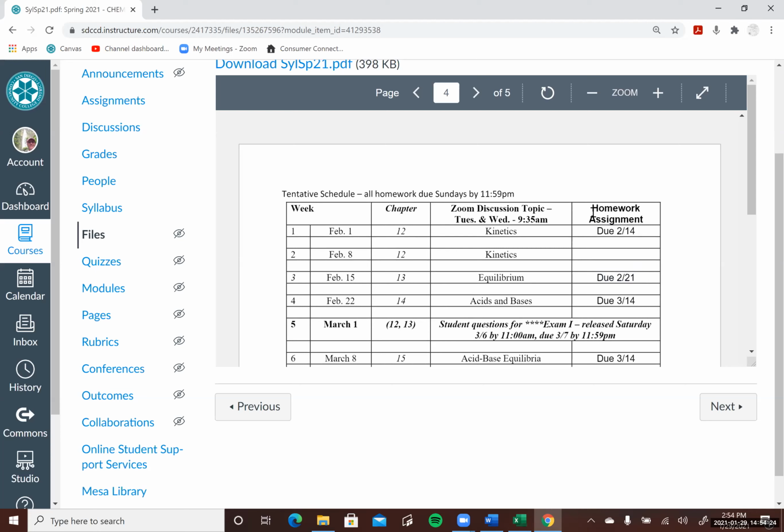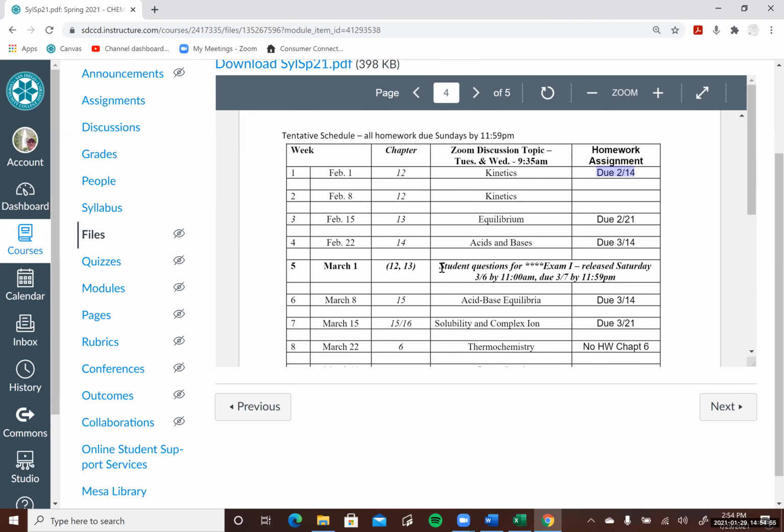Now, these homework assignments are all due, I believe, on a Sunday night by 11:59 p.m. You're given from now until these dates to do it. The thing is, you only get 2 shots at getting the right answer, and the program is set up for your final grade to be that taken from the highest of the 2 for the homeworks. And these initial homeworks here are to prepare you for the exams.